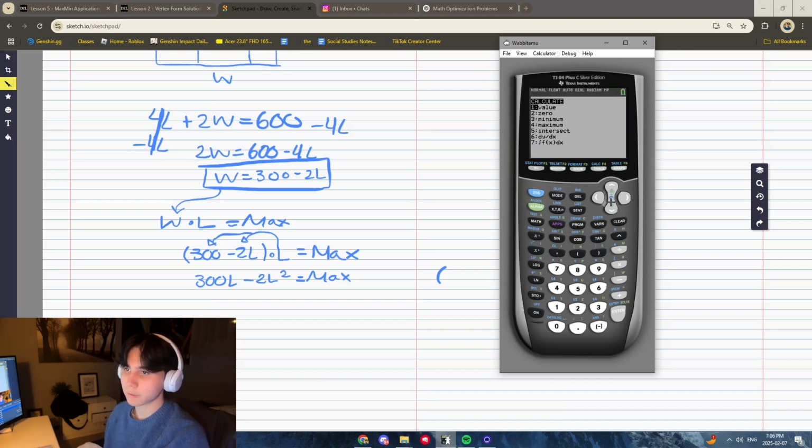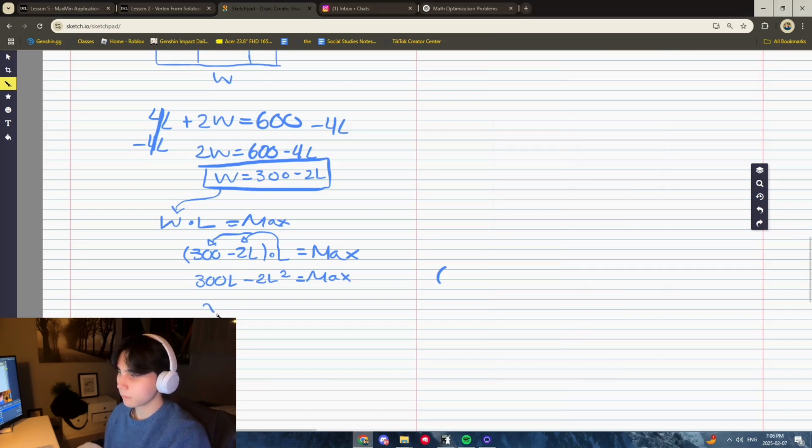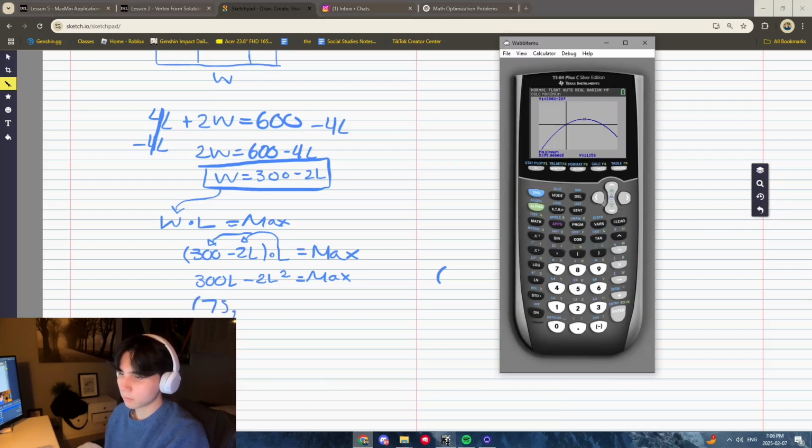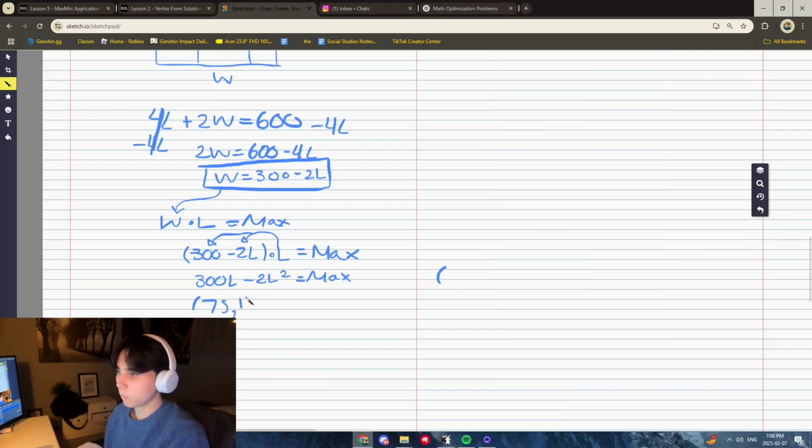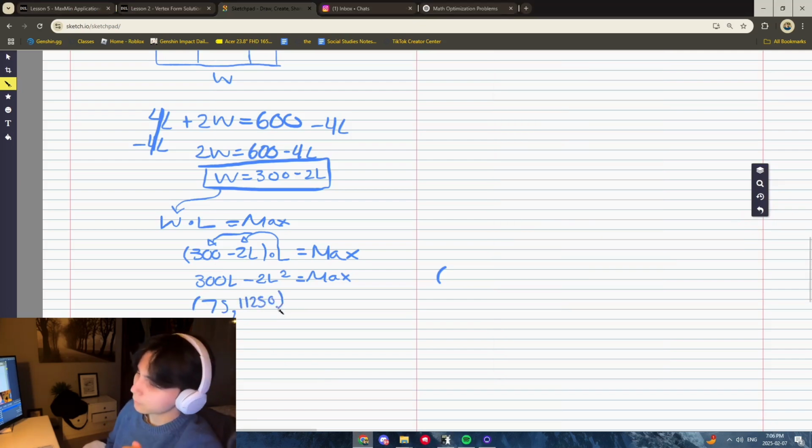So now we can find the vertex here by finding our max. And we got our x is equal to 75. So we got 75, comma, 11,250.